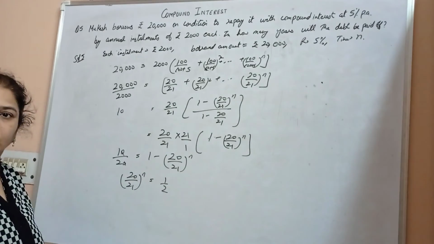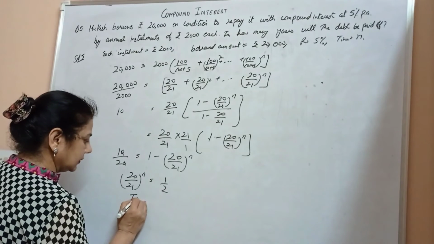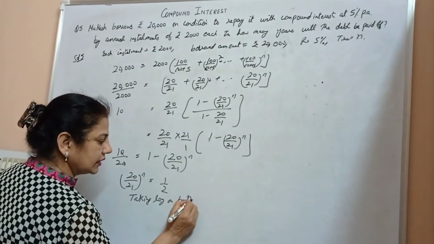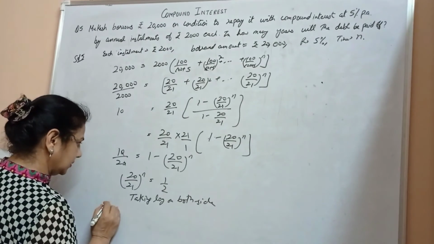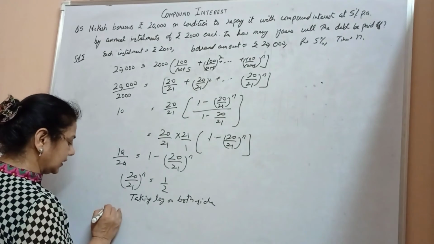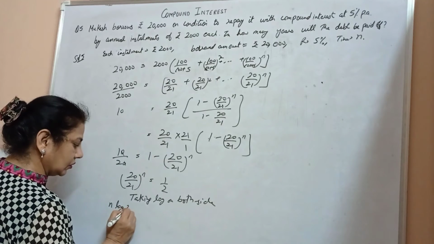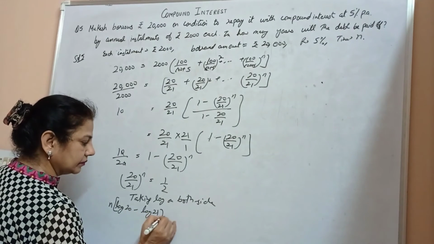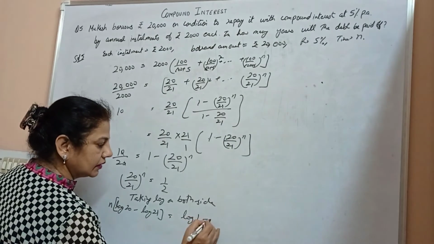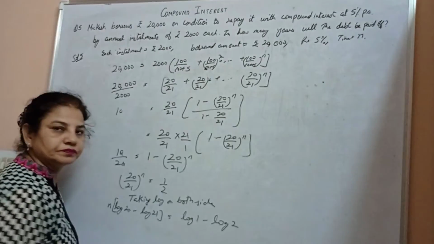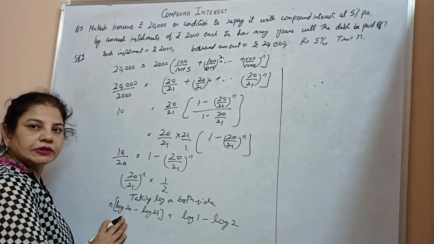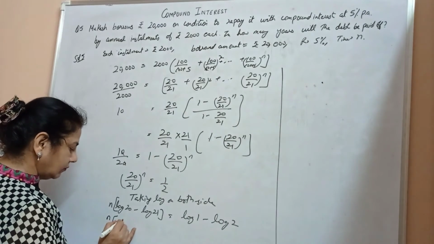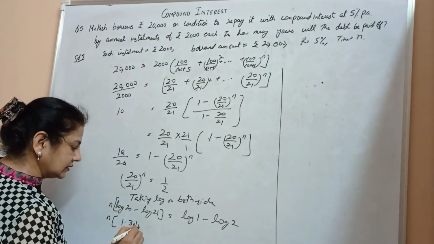Now again, taking log on both sides. What should I get? n times log 20 minus log 21 equals log 1 minus log 2. From the log table you get the value of log 20 as 1.3010.